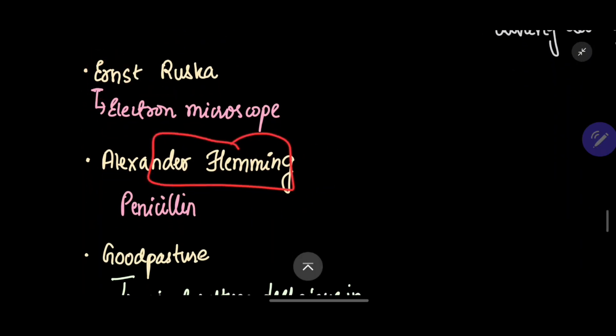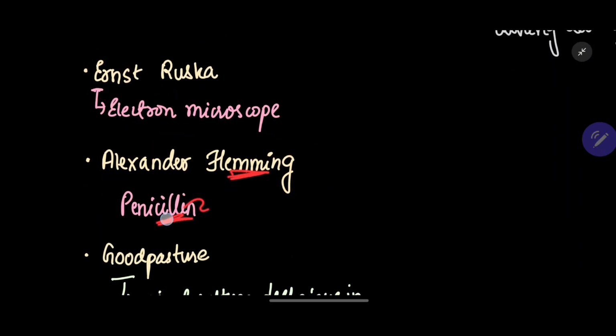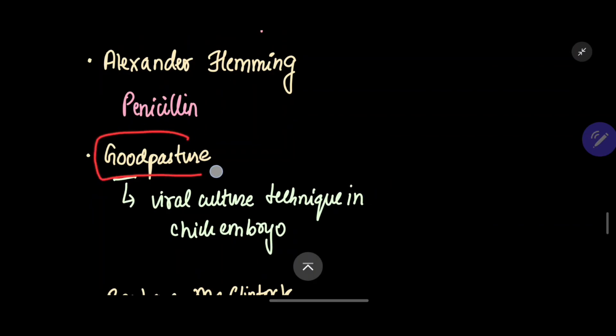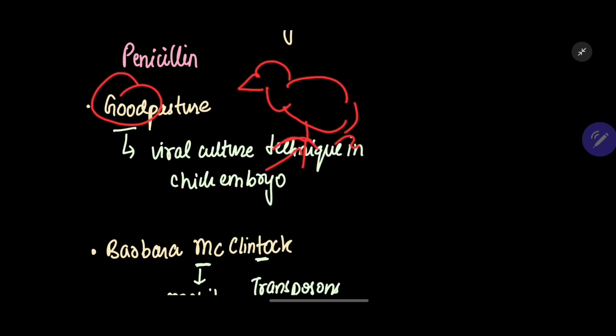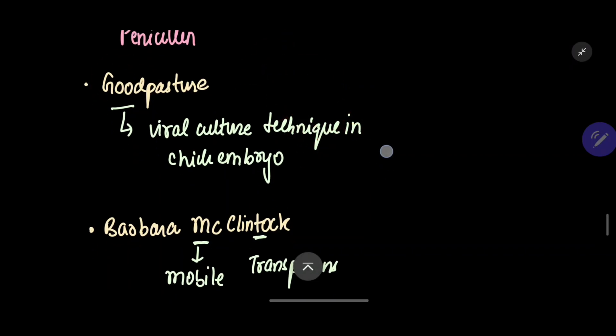Alexander Fleming, everyone knows. Fleming, penicillin. Next one is Good Pasture. So he was a good guy. He loved little chicks. Okay, in a non-funny way. So Good Pasture, he gave viral culture technique in chick embryo.